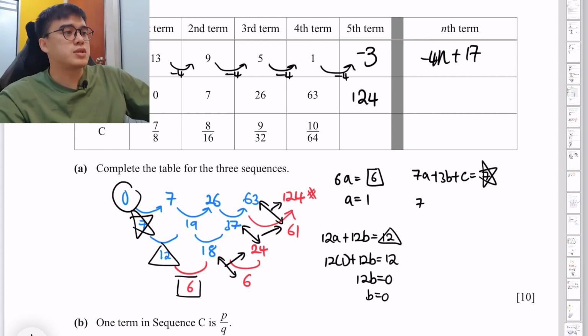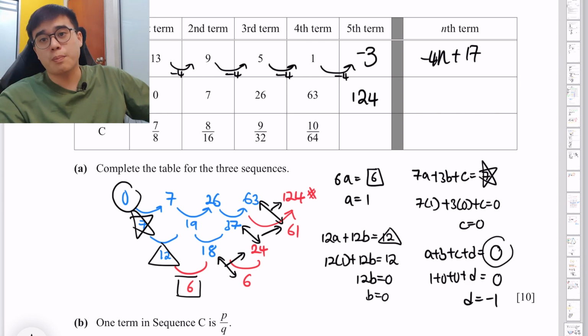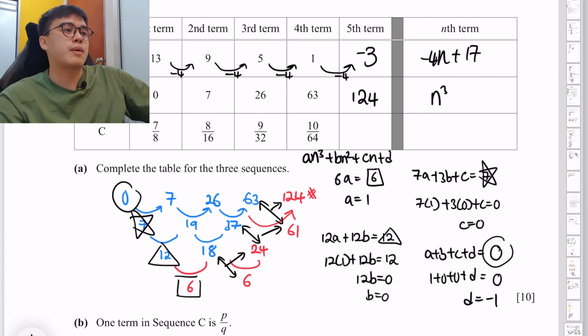Substitute 1 and 0 into it, my c will be 0 as well. Then the last part, a, b, c, d add up to 0. I will get my d as negative 1. So with this, I know that my result is n cubed minus 1 after substituting a, b, c, d's value into the equation that I've written there, an cubed plus bn squared plus cn plus d.